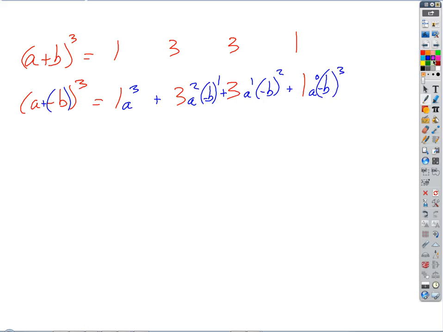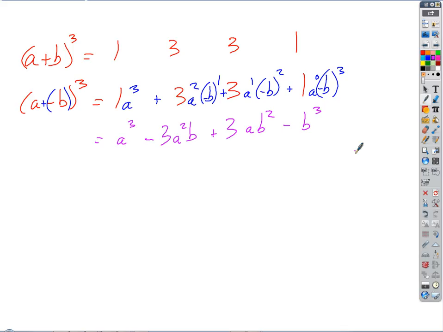So if I simplify that, the first one is just a cubed. The second one's going to be minus 3a squared b, because the negative part is to an odd power. Next one is plus, good. Because the negative one is being squared, it's always positive. And then the last one.